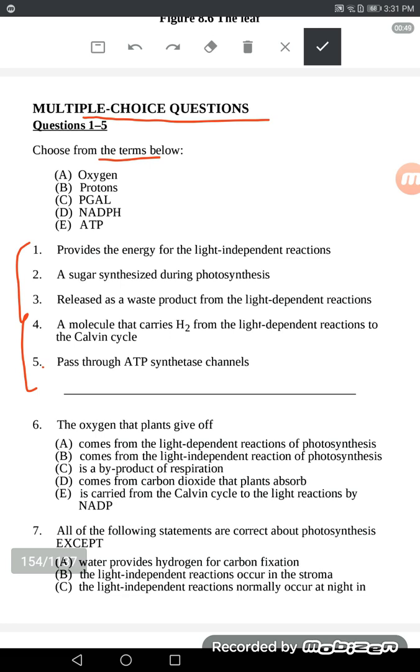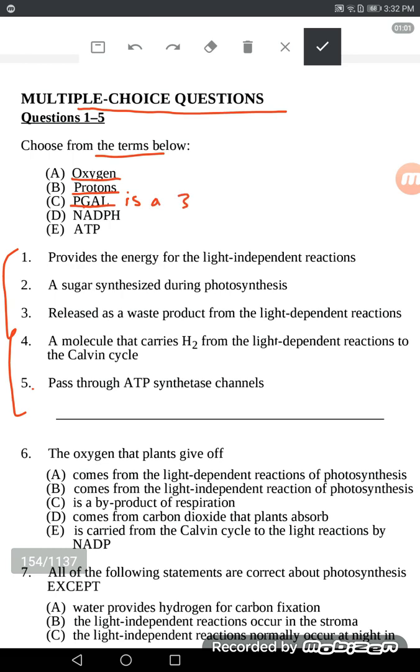So we have oxygen. We know that. Proton. PGAL, it means phosphoglyceraldehyde, is a 3 carbon sugar. Okay, so it's a sugar.